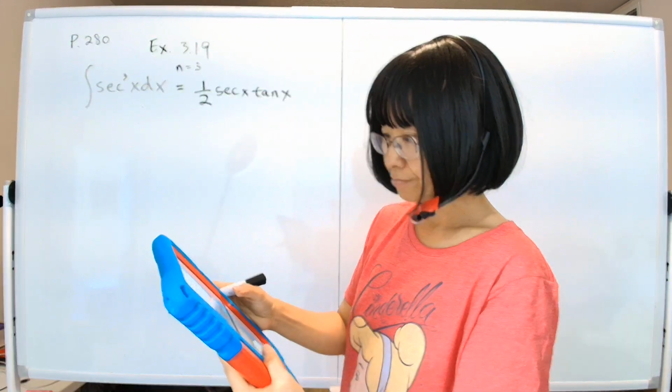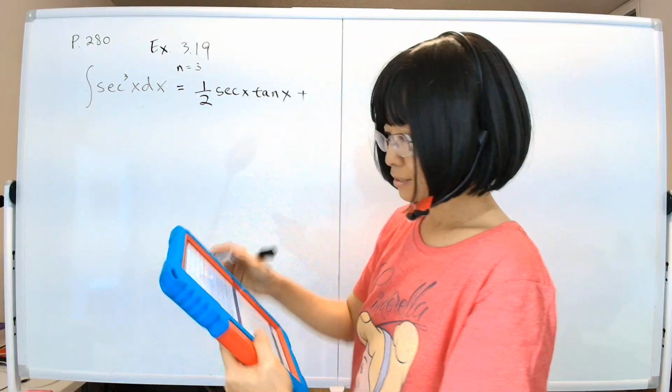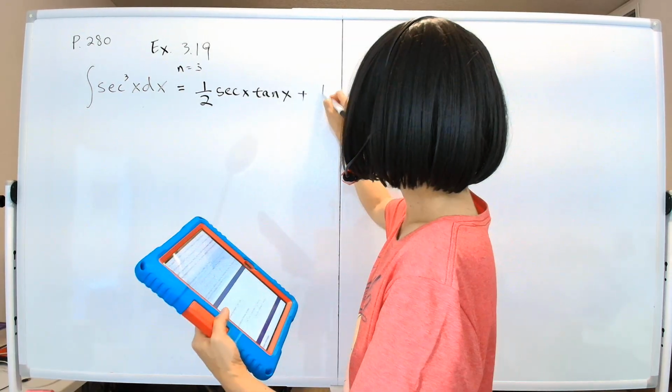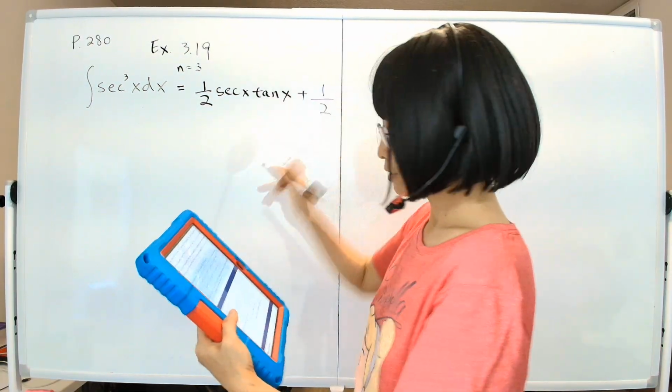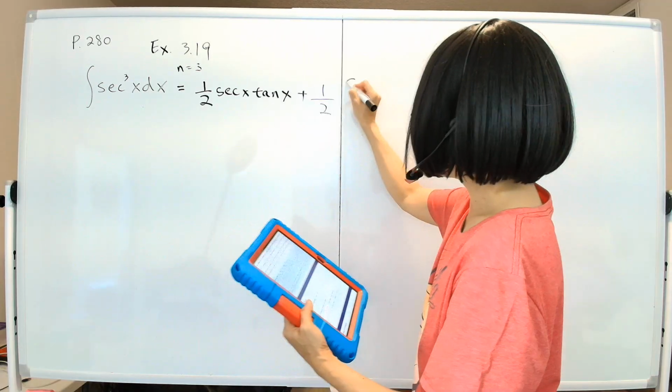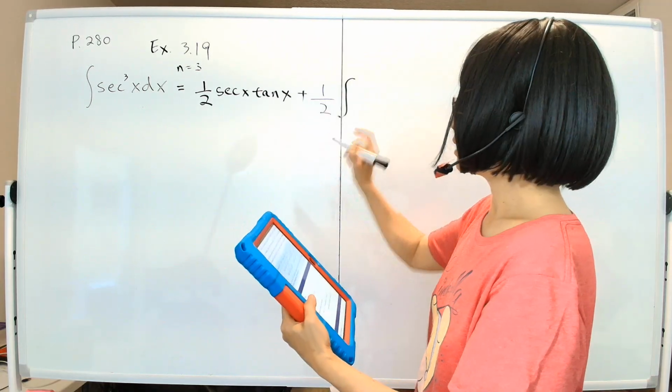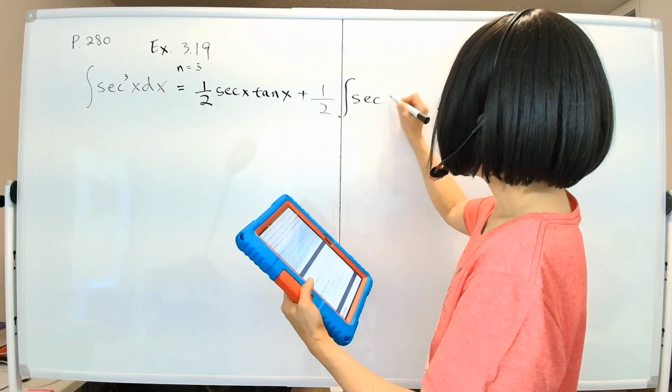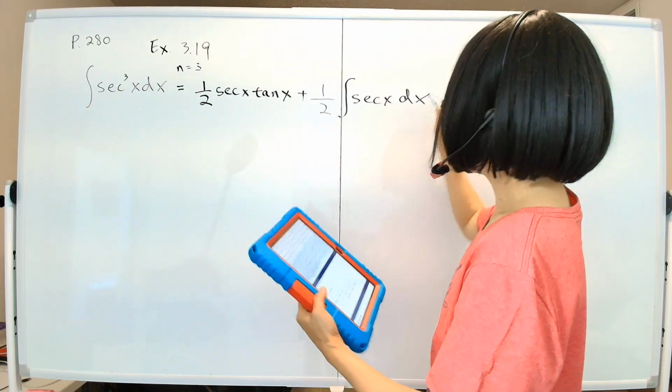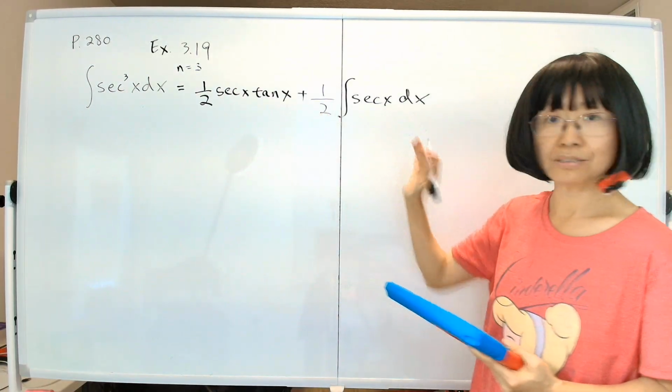And then plus (n minus 1) over n: 3 minus 1 is 2, so 1/2 again, times the integral of secant to the n minus 2, which is just secant x dx. So the reduction formula got us to the integral of secant x.